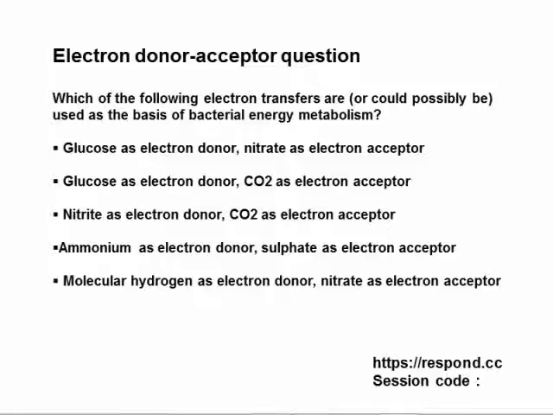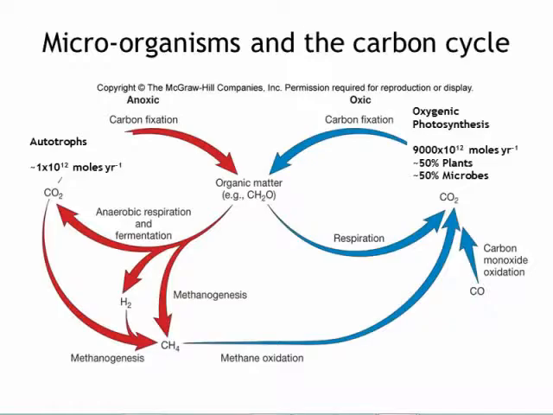Nitrate is going to be reduced to molecular nitrogen, N2. It depends on whether oxygen is present or not. This is what makes a difference about whether nitrogen is going to be the electron acceptor or the electron donor. Depends on whether you have oxygen. So we'll come back to this when we do the nitrogen cycle.